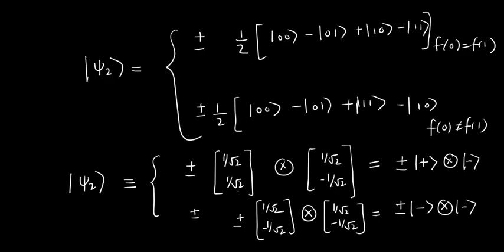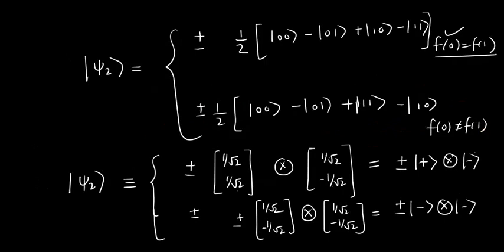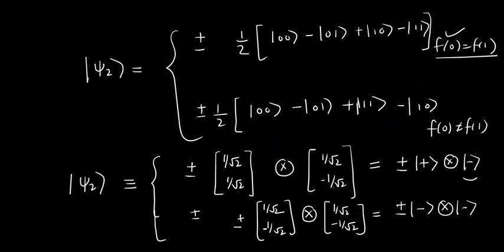So what is our problem? We need to know whether f0 is equal to f1 or f0 is not equal to f1. The second qubit of phi 2 is constant, the same in both cases, right? But here, this is plus and this is minus. Somehow, if we do something to this first qubit, we can differentiate between the two scenarios.